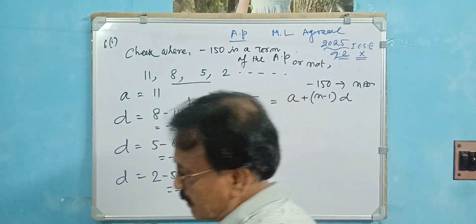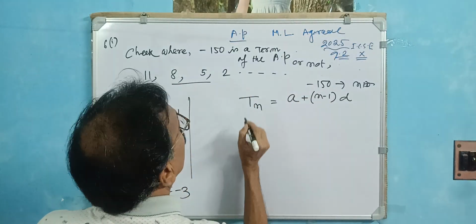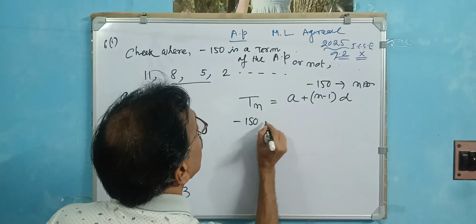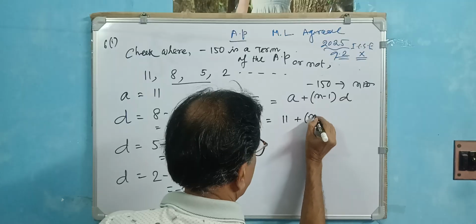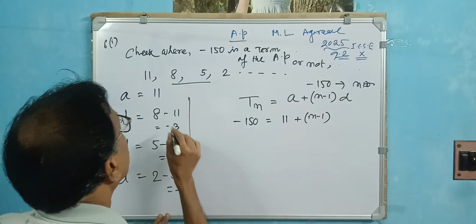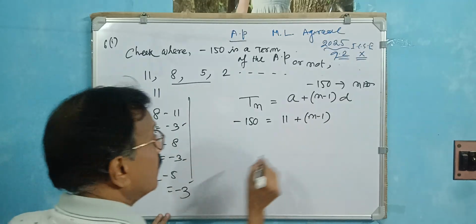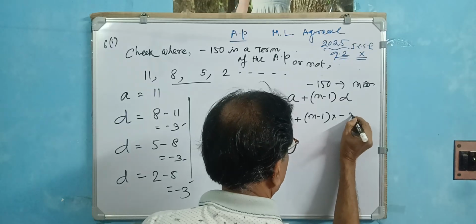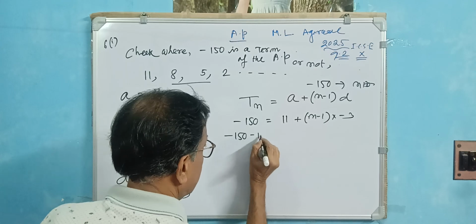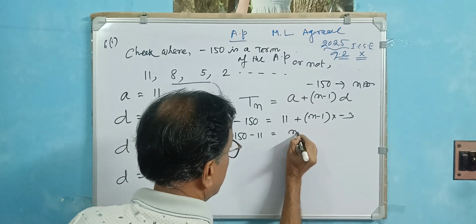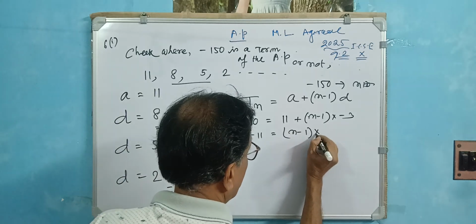So minus 150 equals a, and a is 11, plus n minus 1 into d, and d is minus 3. So minus 150 minus 11 equals n minus 1 into minus 3.